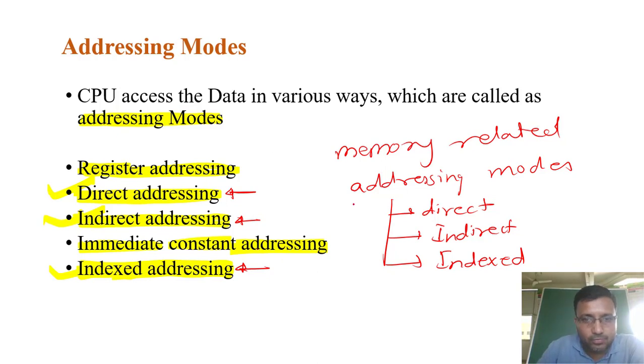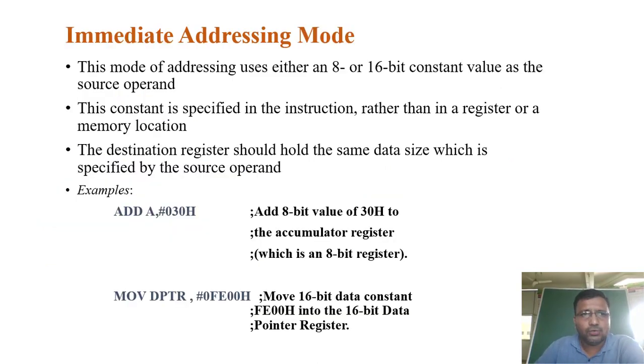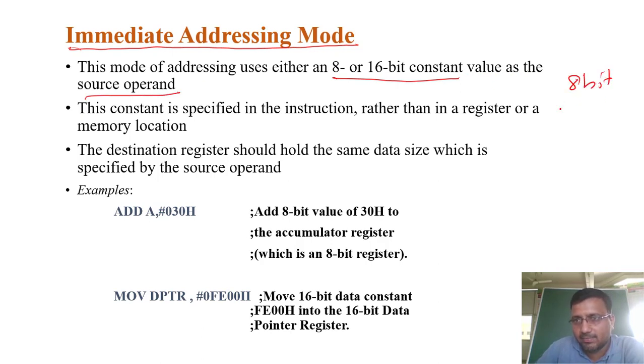We'll move forward. The very first addressing mode is the immediate addressing mode. This is a very basic addressing mode. It is used to store either an 8-bit or a 16-bit constant value as a source operand.